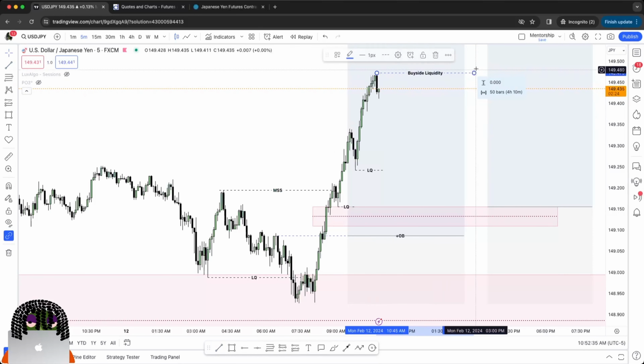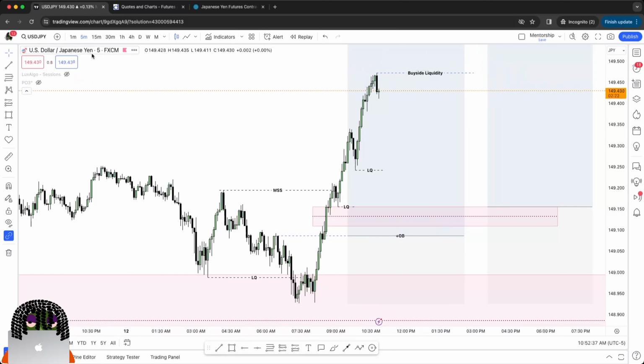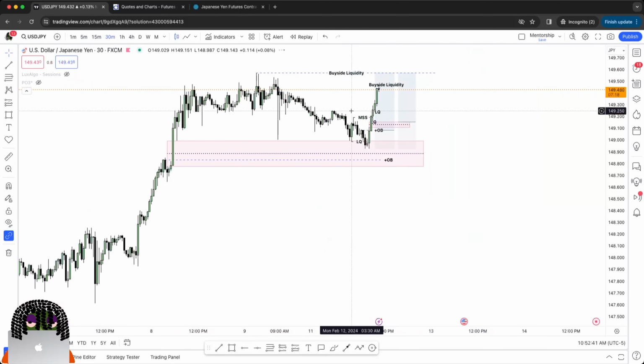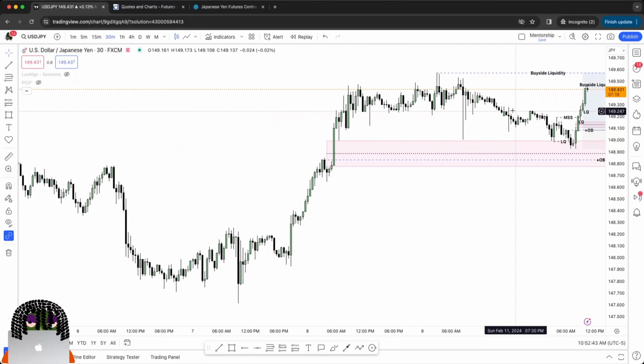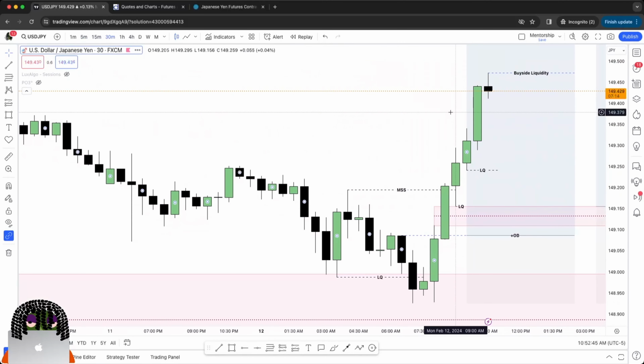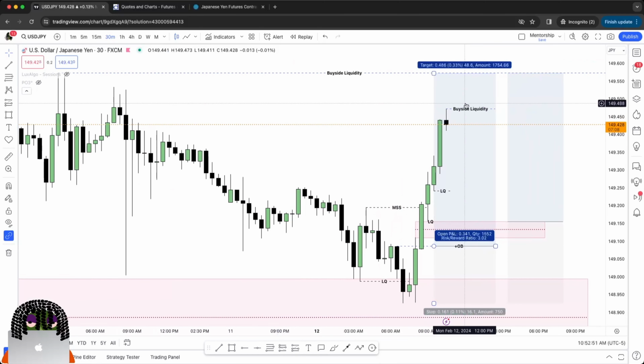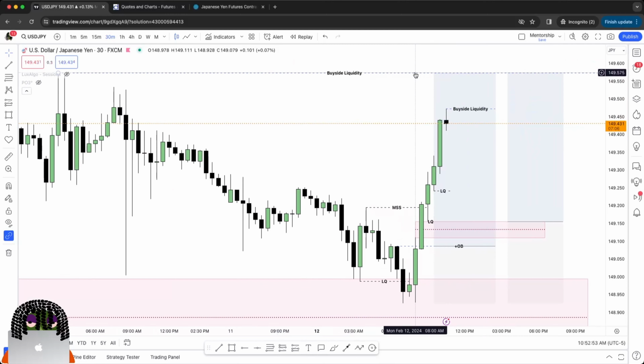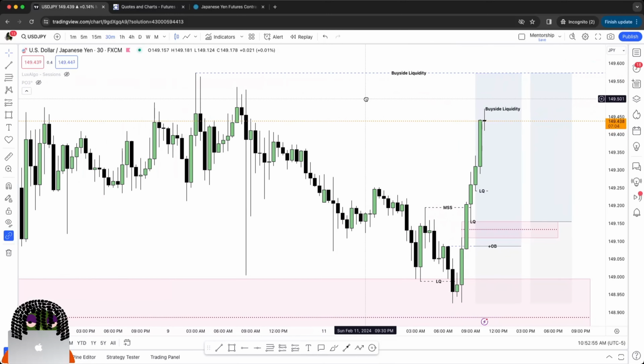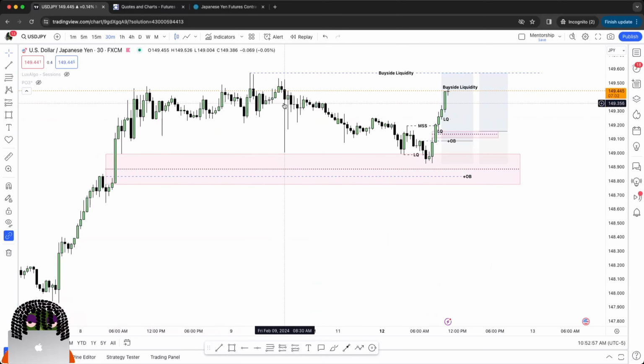Extend it. This would be buy side for the day, and then it'll just run here and then run here. So we'll see. But I still believe it's bullish. It's gonna continue.